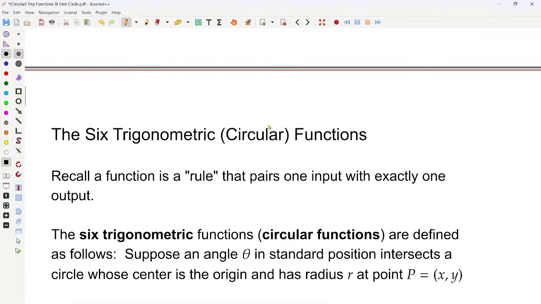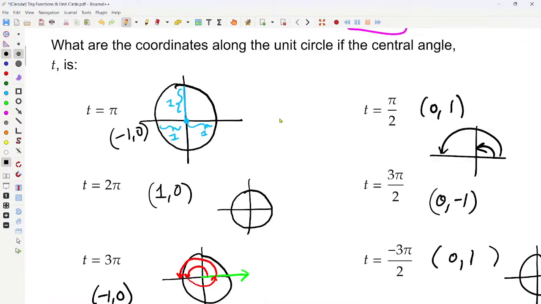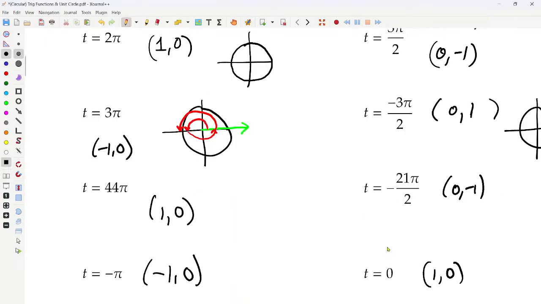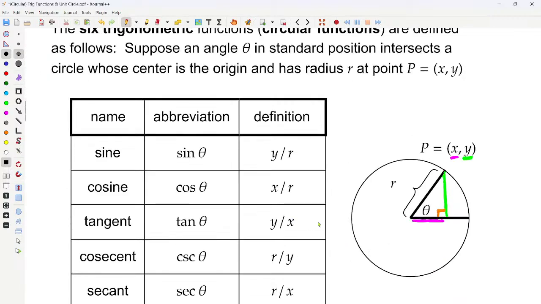Hopefully I've done an okay job, but all aside, you need to know your quadrantal angles: pi over 2, pi, 3 pi over 2, 2 pi. Know how to count them negatively. Know these definitions.